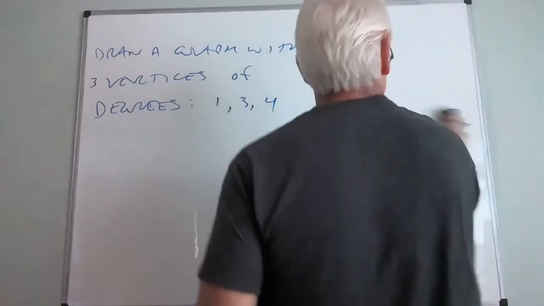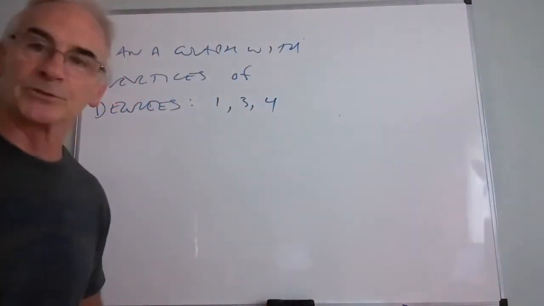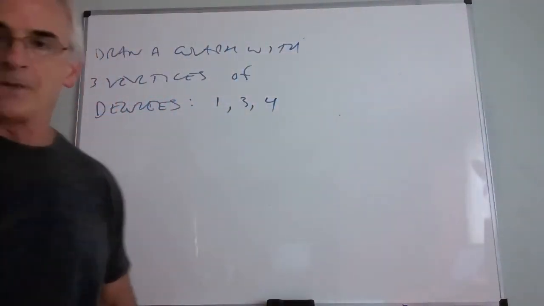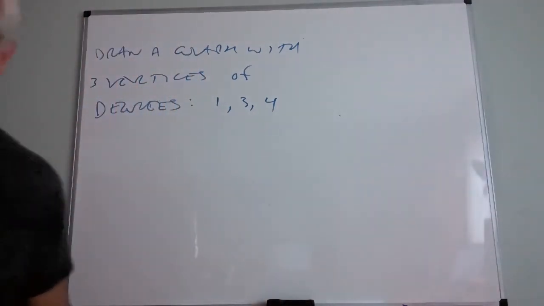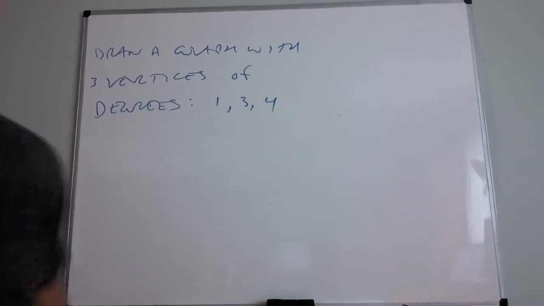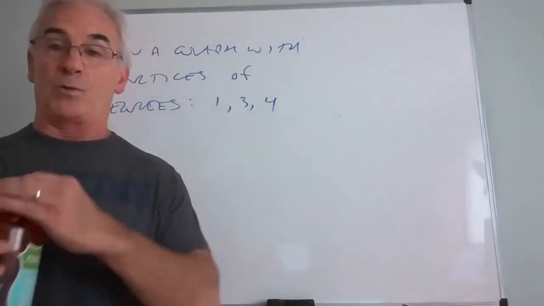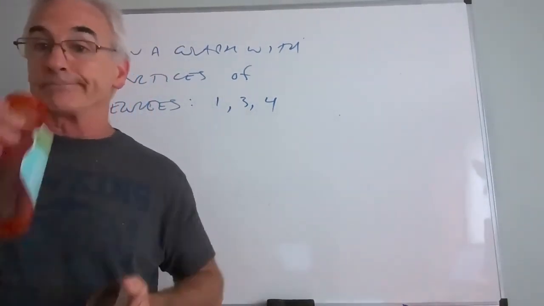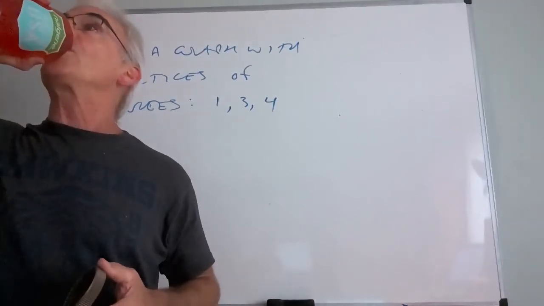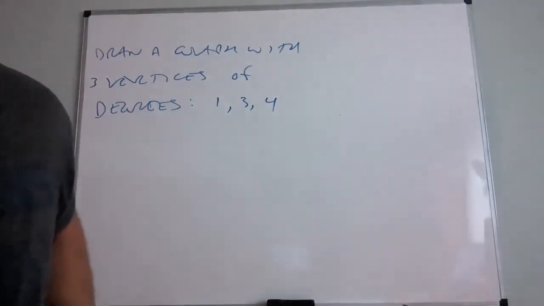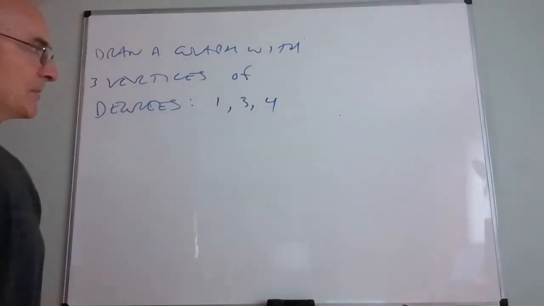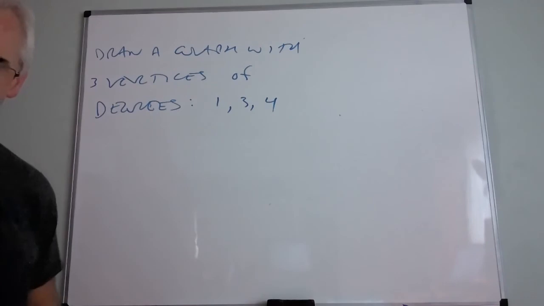So everyone try this on your own just for a moment, and we'll compare answers. Everybody on your own, draw a graph with 3 vertices. And by the way, your vertices can be on a line. You can make it triangular, do it however you want. It doesn't change anything. So I need the degrees to be 1, 3, and 4.